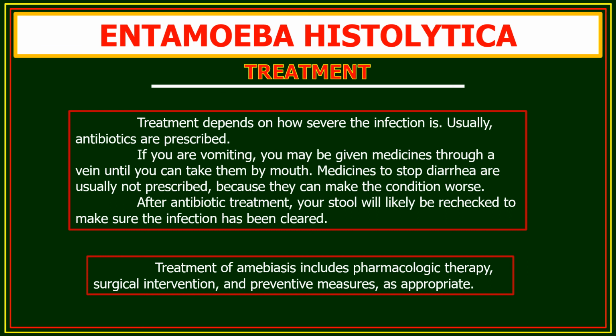Medicine to stop diarrhea is usually not prescribed because it can make your condition worse. After antibiotic treatment, your stool will likely be rechecked to make sure the infection is gone. Treatment of amoebiasis includes pharmacologic therapy, surgical intervention, and preventive measures as appropriate.